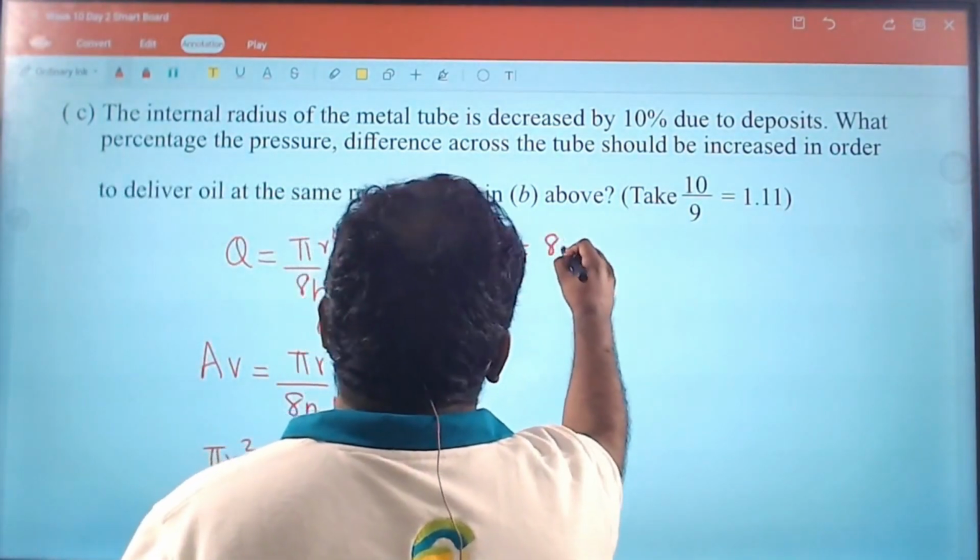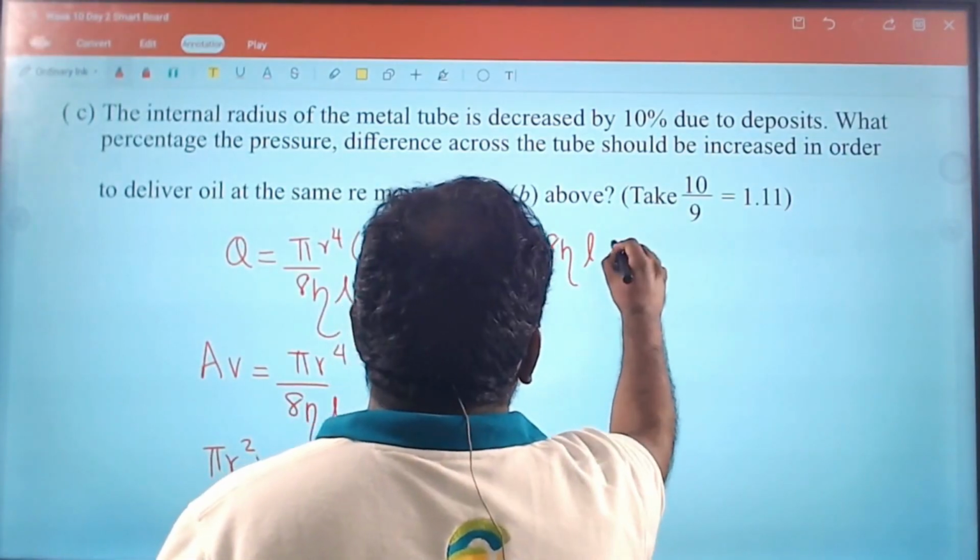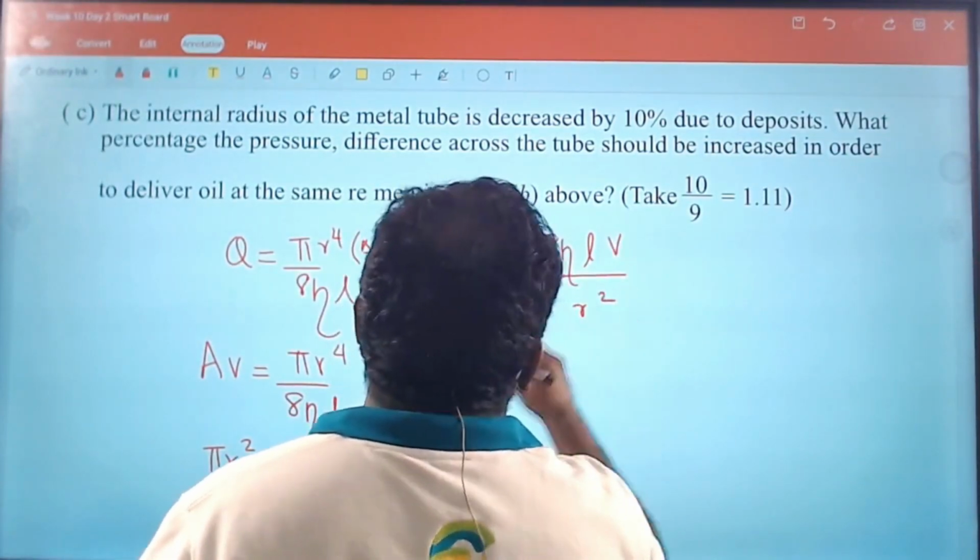Pressure difference is 8 eta L V over r squared.